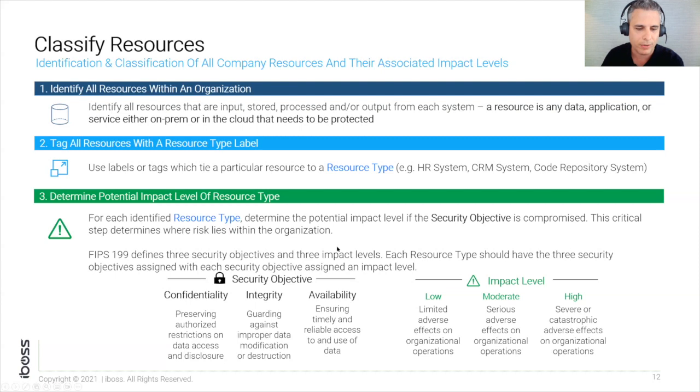And basically what you're trying to do is assess as you label and you catalog. So you can catalog these within the iboss platform, but as you're cataloging these resources, you're now getting visibility of which resources you should start with first. You're going to want to start with your high impact first, because if those high impact were to affect a data loss situation, that would be catastrophic. You want to make sure you're addressing that, making that private.